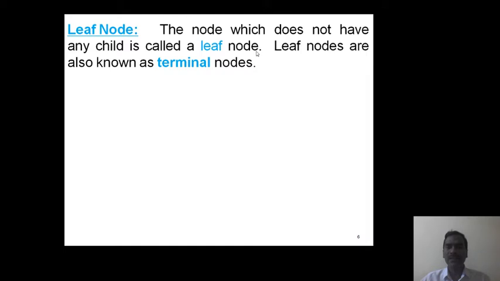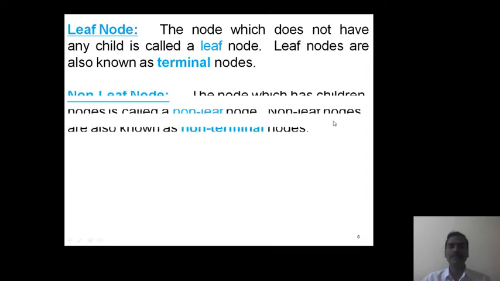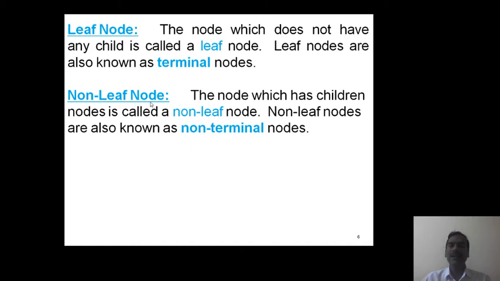In general, when we draw a tree data structure, the paths are terminated at leaf nodes. Hence, leaf nodes are also known as terminal nodes. Reverse thing, non-leaf node. A node which has child nodes is called a non-leaf node. Non-leaf nodes are also known as non-terminal nodes.